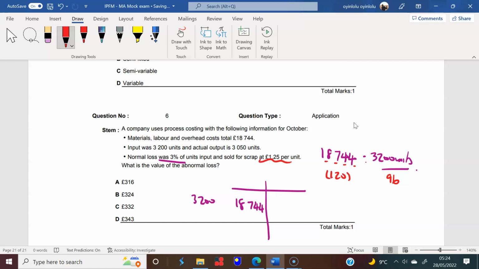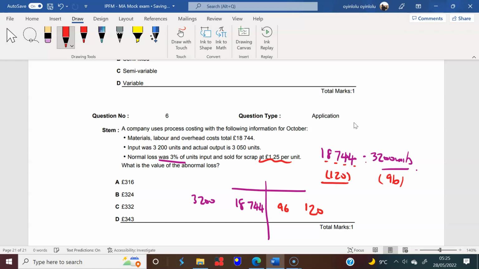They're separate. Think about it as two separate stock profiles. You have 3,200 less 96, and that remainder is valued at 18,744 less 120, because you have these 96 units valued at 120. So from an accounting point of view, you have 96 units valued at £120, and that's what you have if you're dealing with this from a T account point of view.